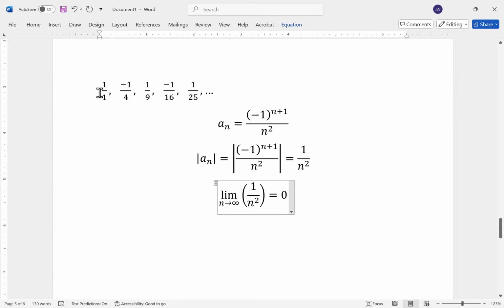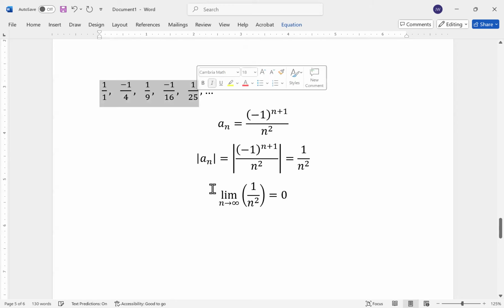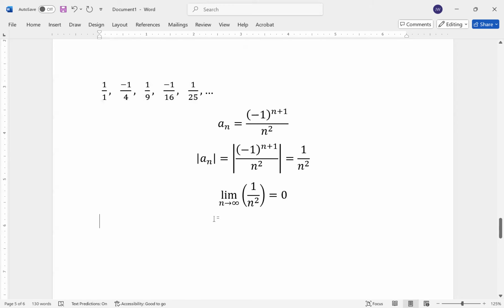Therefore, this sequence, my original sequence, also converges to 0. So my original sequence converged to 0 because the limit of the absolute value of my sequence also converged to 0.